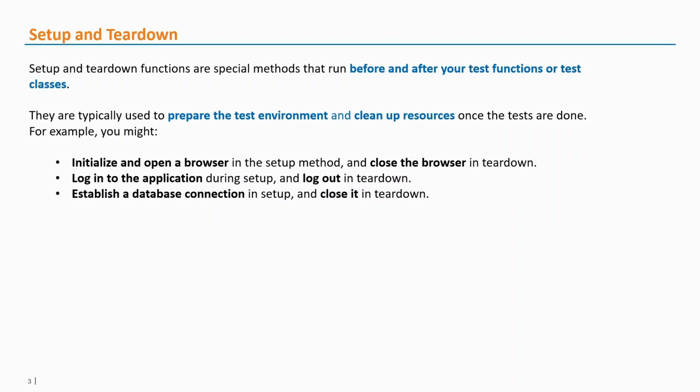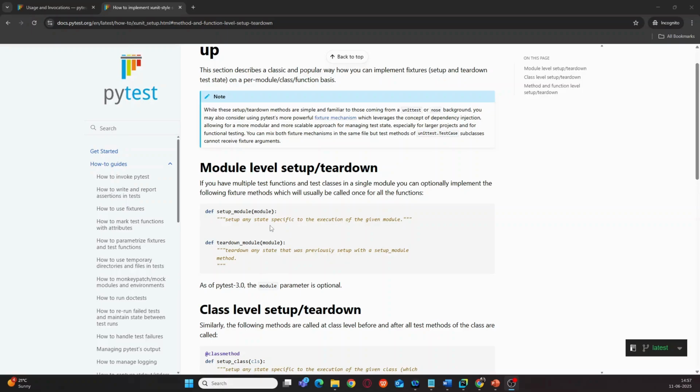Let us see how we can use setup and teardown functions in Pytest. Pytest provides different ways of using them. One of them is setup module and teardown module, which is done at the module level, the entire file level.